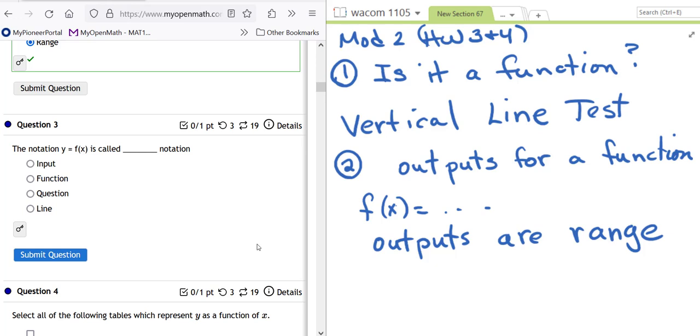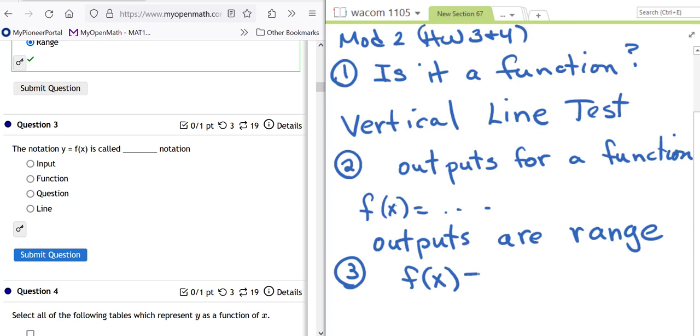This notation is called function notation. The way you say this: f of x equals something. You say this as f of x, not f times x.